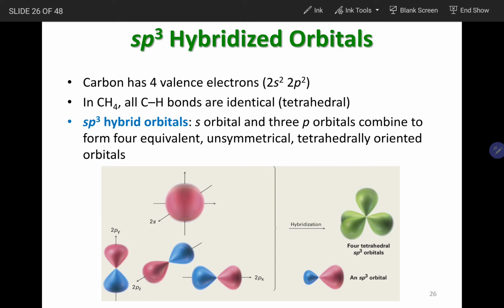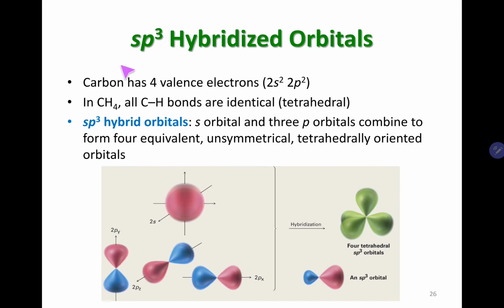If a carbon has only single bonds, then the hybridization is known as sp3.